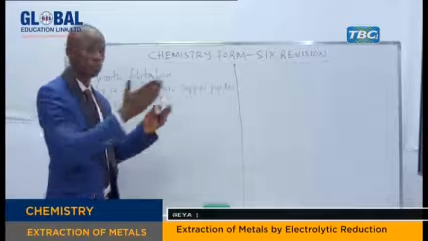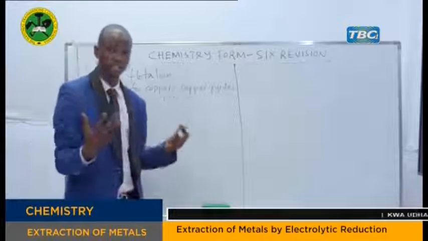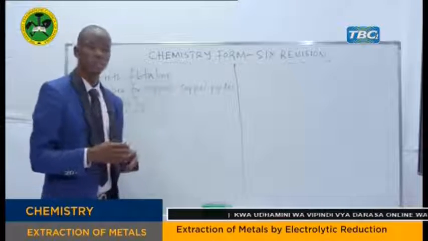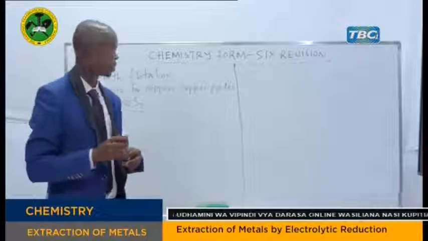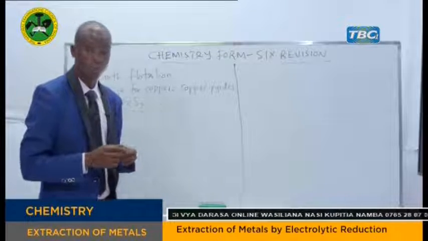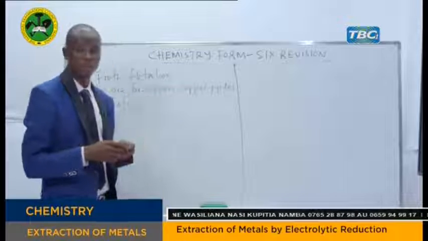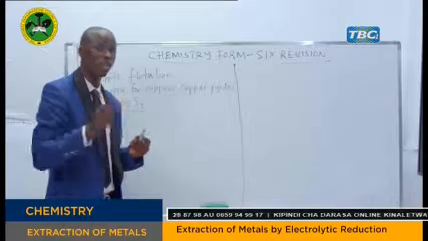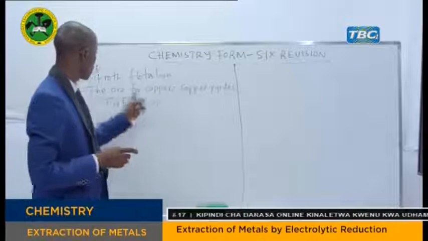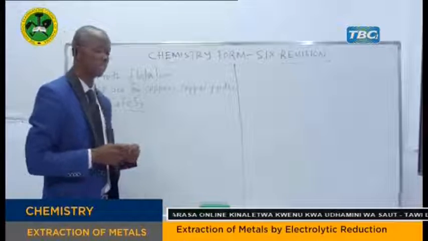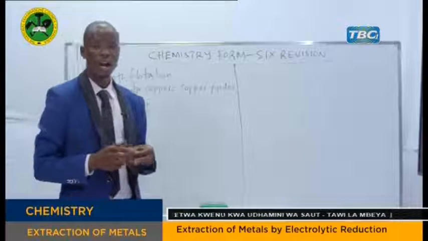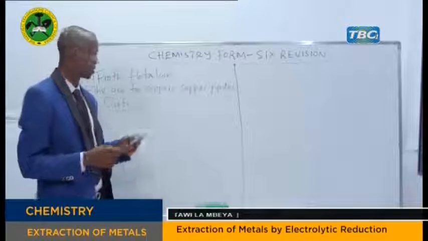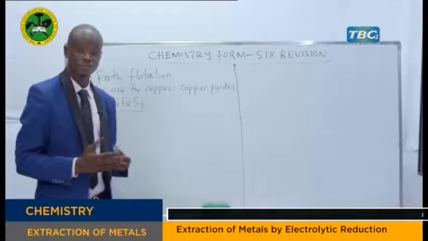I'm just guiding you on how to solve this problem because I'm sure that you have studied this in class. Now, froth flotation is the method which is used to remove the earthy impurities from the sulfide ores. I have described this in a very good way in the previous lesson. The impurities found in the sulfide ores are water-wetted, that means they are hydrophilic, and the ore itself is hydrophobic.